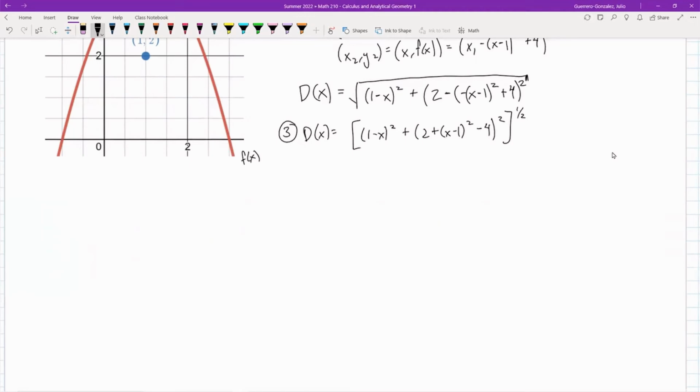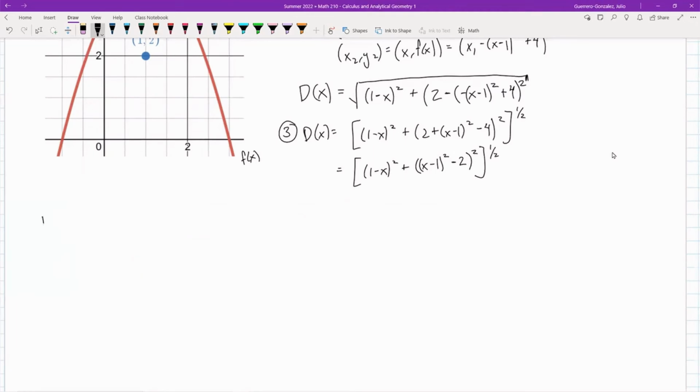Making it a little nicer again: 1 minus x squared plus, 2 minus 4, that's going to be minus 2. So this is going to now be x minus 1 squared minus 2 squared, to the 1/2.